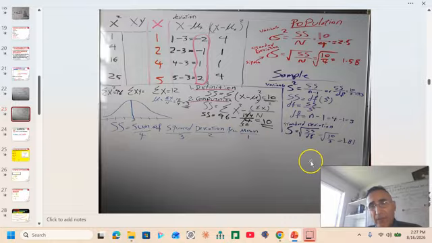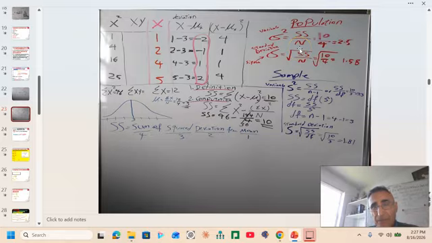Any of these formulas on the right should be a piece of cake for you. If I say, on the top right side of the screen, calculate the variance for this population, you already calculated the SS. So SS is 10, divided by n, which is 4.